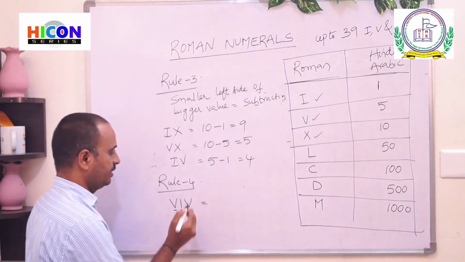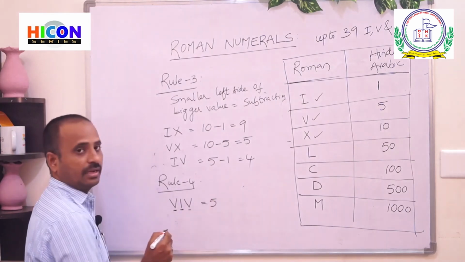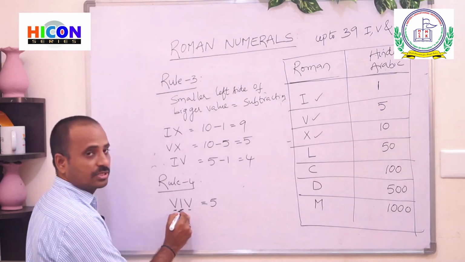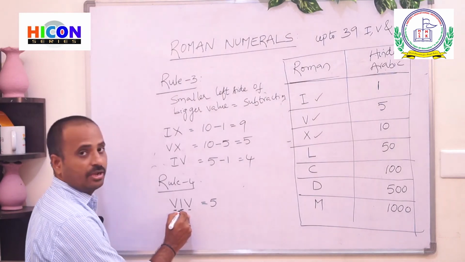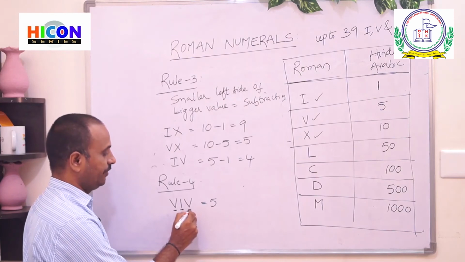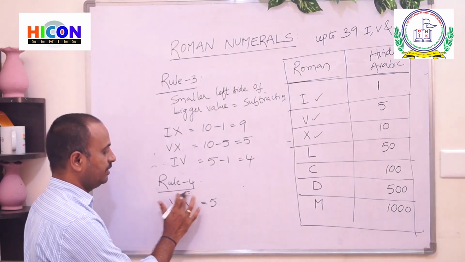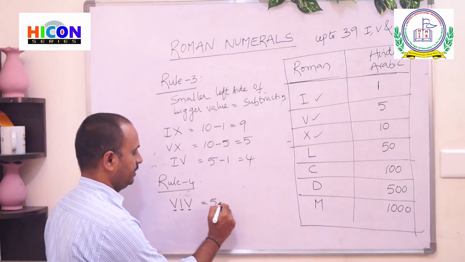So here V means 5 and we have to subtract this smaller value I from the value present on the right side. Here V is 5 and I means 1. 5 minus 1, 4.